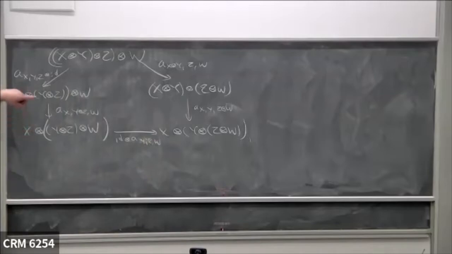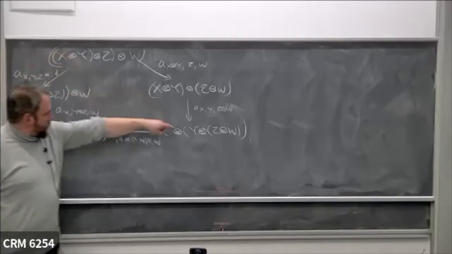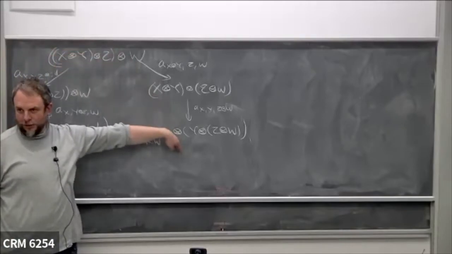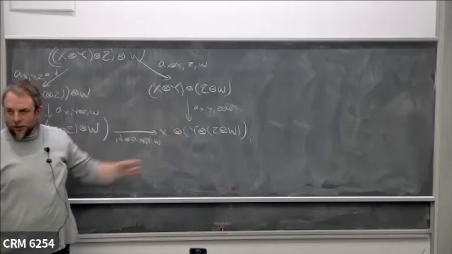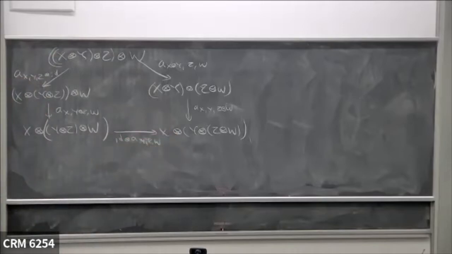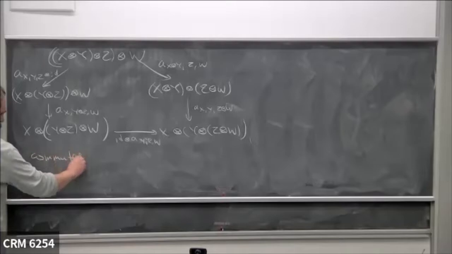We just recorded the ways we can travel between these products. So, well, now you see that there are two ways to travel from this product to this product using associativity constraints. So you'd like these two ways to agree. Okay. So we require this diagram to be commutative. So this diagram commutes. And appropriately, this diagram is called the pentagon diagram.